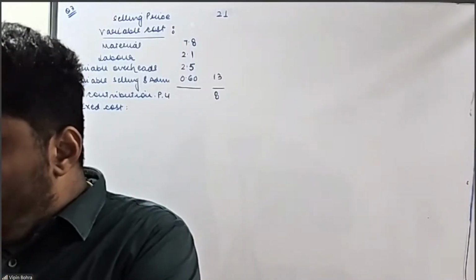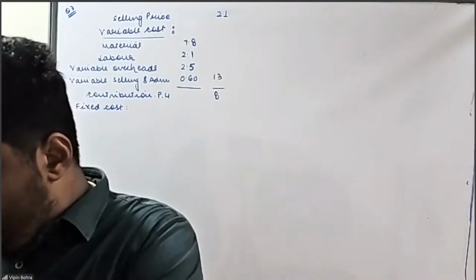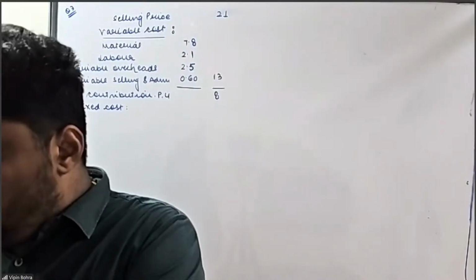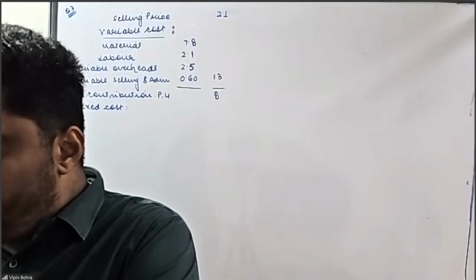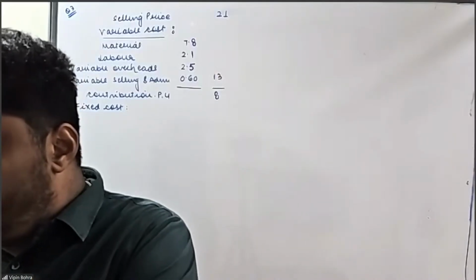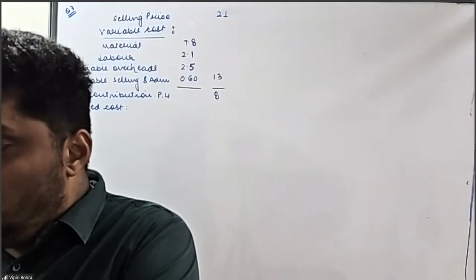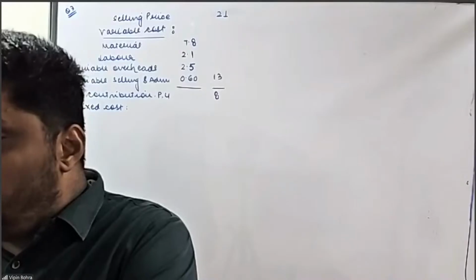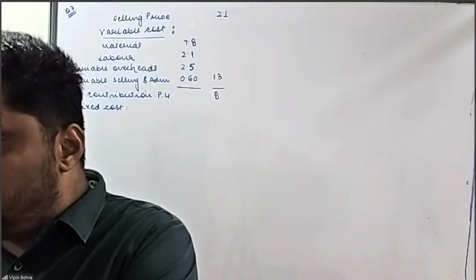Very good, Prem Kumar. Very good. Julie, please check the calculation of fixed cost. It is incorrect. What will be the fixed cost for the quarter? Waiting for your answers.